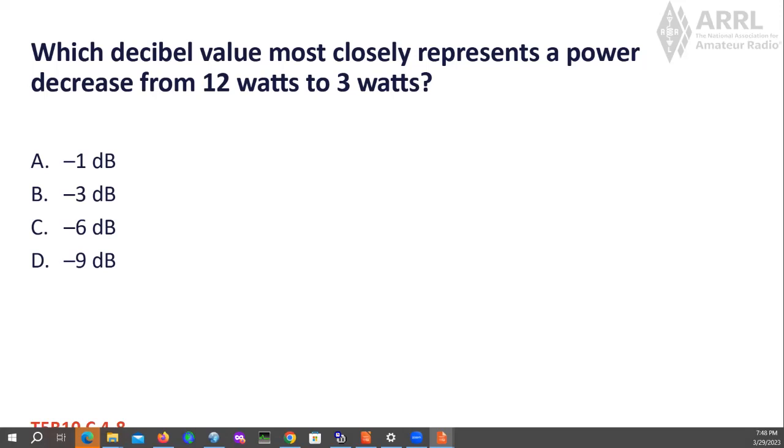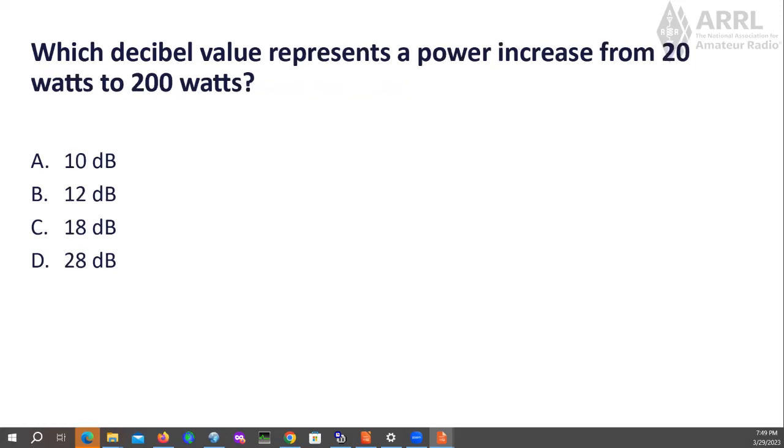If we take 12 and divide it in half, for 3 dB, is 6 watts, divided in half again for 3 watts. So that would be 3 dB each time. That's 6 dB. Which decibel value represents a power increase from 20 to 200 watts? The answer is A, 10 dB. 10 dB is equal to 10 times.